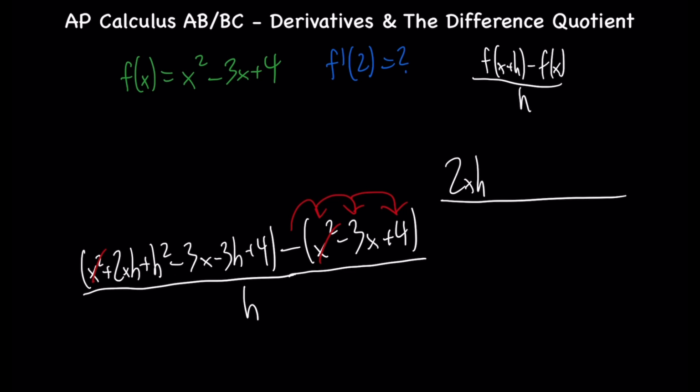H squared, we're left with h squared as well. There's no other h squared. Negative 3x cancels out. Negative 3h stays. And then the 4's cancel out. This is what we're essentially left with.